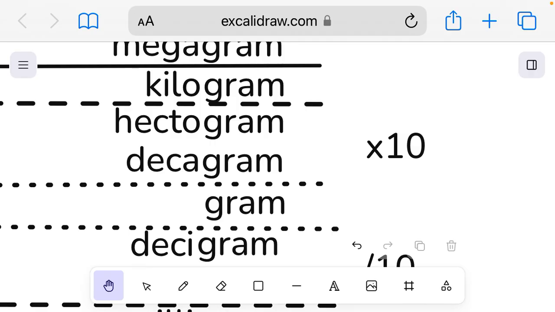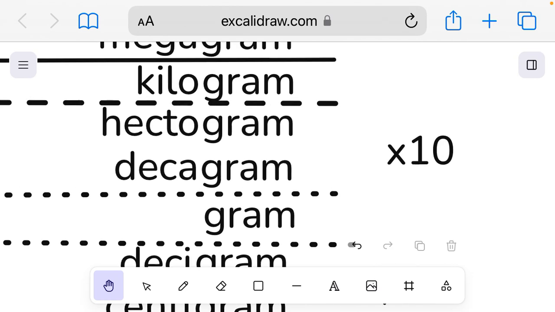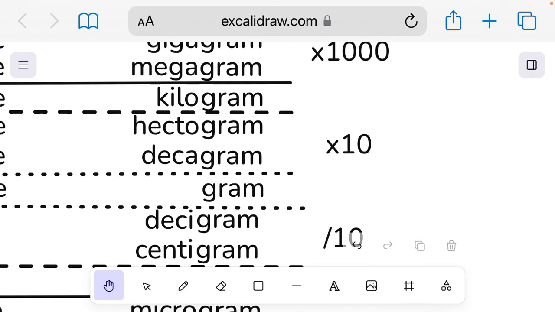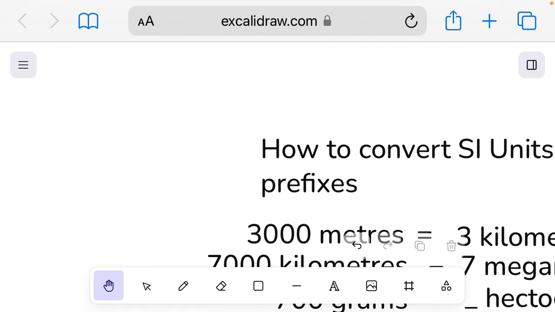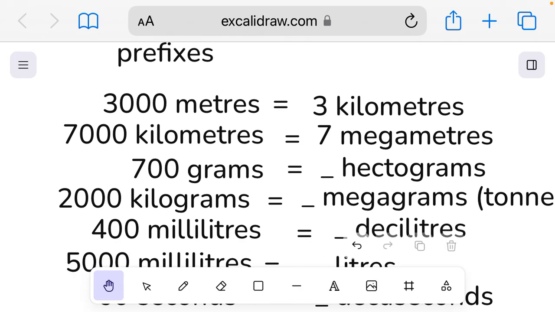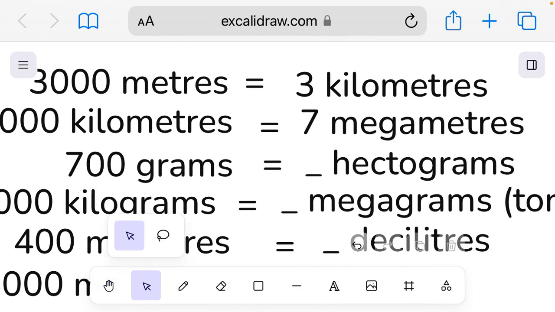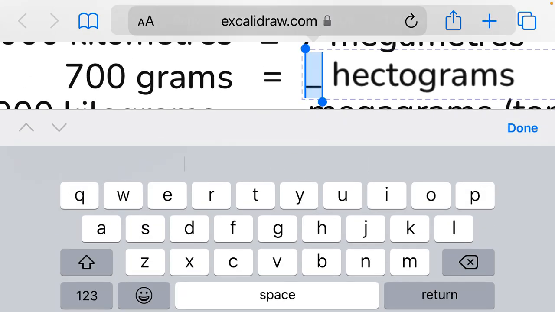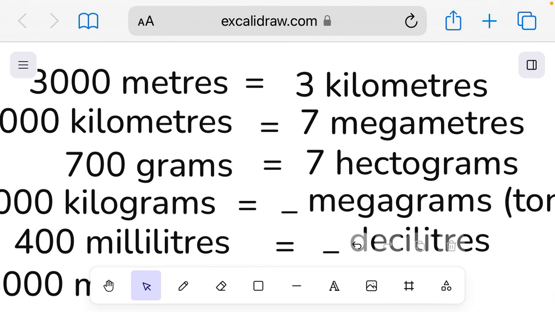So 1 hectogram equals 100 grams. That means 700 grams equals, you got it, 7 hectograms.